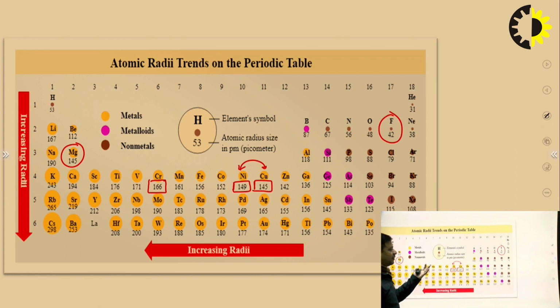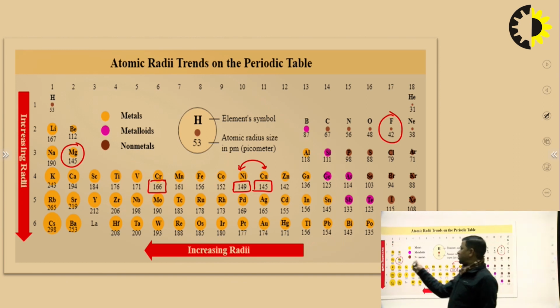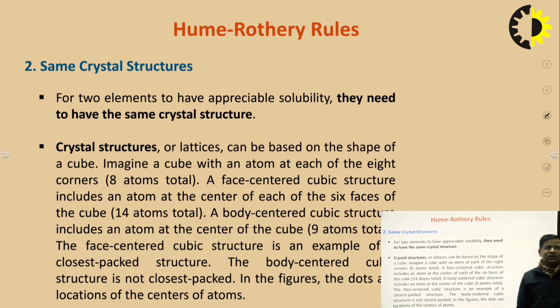Can it be possible? No. Here you can see there is a lot of difference and that is beyond 15%. So the solid solution or binary solution for these two elements is not possible. So by using this table, you can easily correlate whether you are going in the right direction or not.